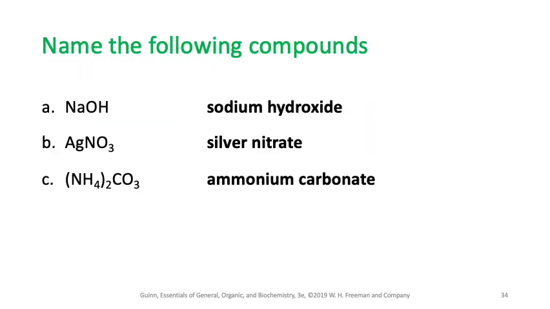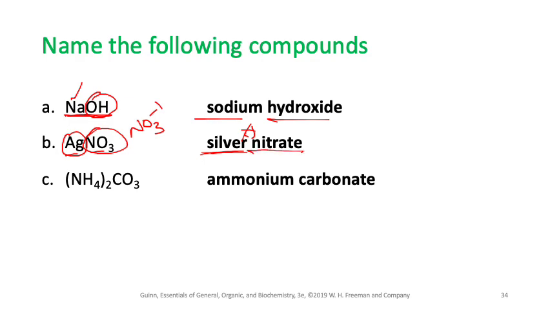Let's do some problems on the naming of ionic compounds containing polyatomic ions. NaOH: Na is your metal and OH is your polyatomic ion. What is OH? Hydroxide. So sodium hydroxide. AgNO3: Ag is silver, and I'm not writing anything in parentheses because it always has a +1 charge. This is the one exception. So silver, and NO3 is your nitrate ion, a polyatomic ion.